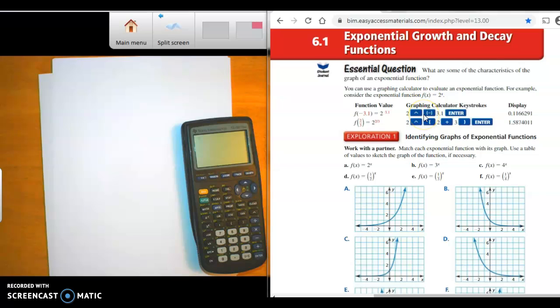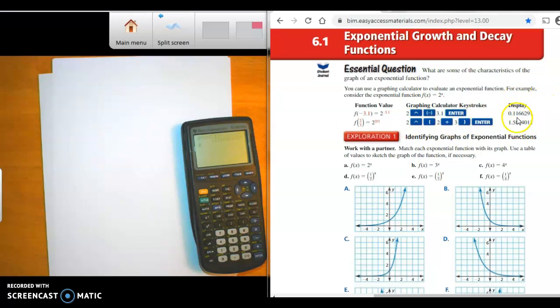When you put it in the graphing calculator, you put 2, the arrow, open parenthesis, negative sign, and 3.1, close parenthesis, enter. It gives you 0.1166291239.